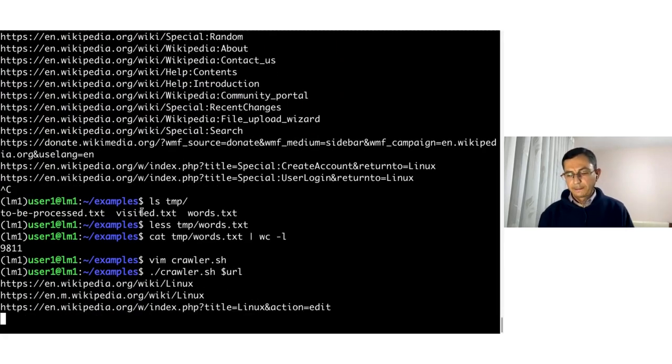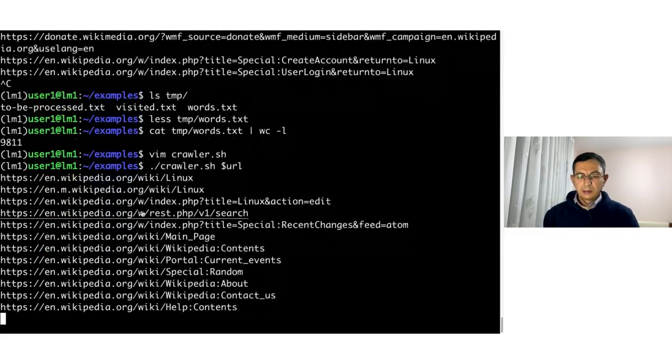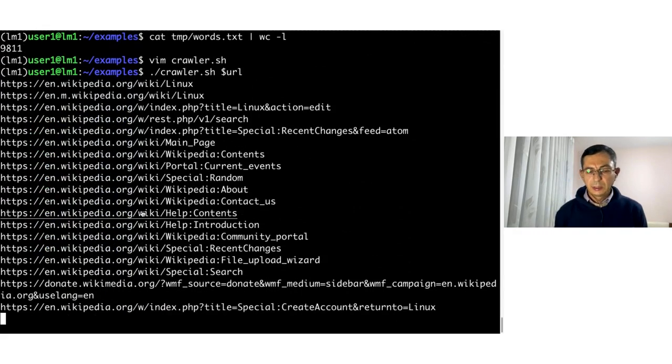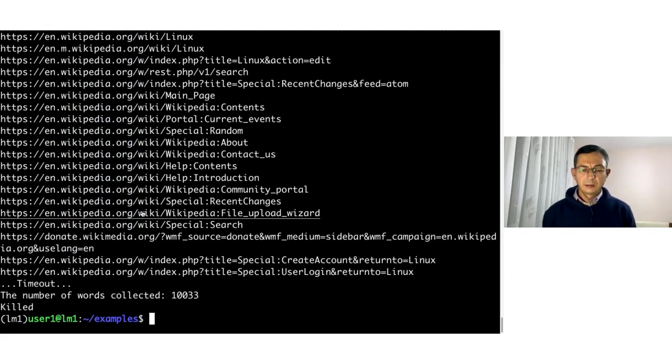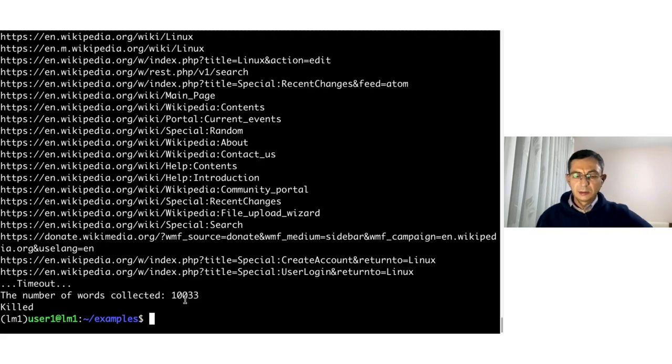So I'm not pressing Control C. I just will allow it to run, and let's see whether after 10 seconds it is stopped. So after 10 seconds, the timer is out, and then the number of words collected, almost 10,000.